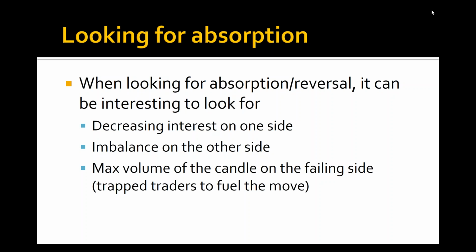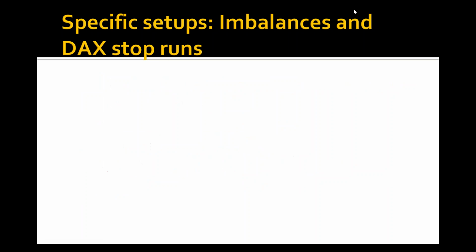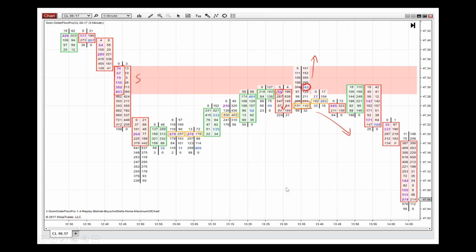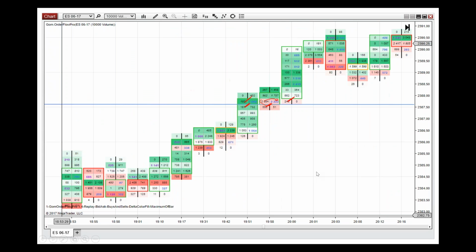Can you explain how you are defining an imbalance again? Yeah, sure. So let me go back to my chart. Basically, if you look at this basic chart, so let me erase.